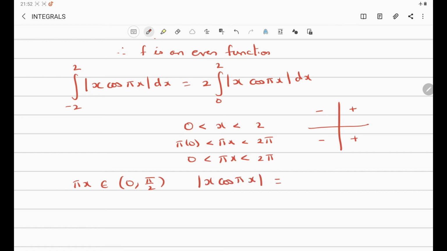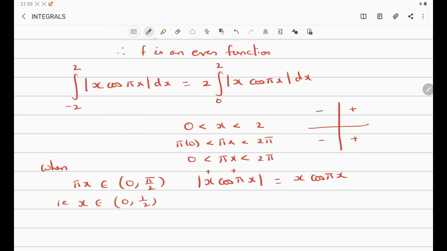Here x is positive, because if pi x belongs to 0 to pi by 2, then x belongs to 0 to half, both mean the same. And cos pi x, where pi x is an angle in the first quadrant, is positive. So positive into positive is positive, so we get this as x cos pi x.